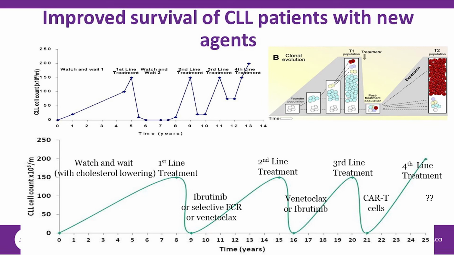Same goes for third-line treatment, which one didn't really have in 2014. Maybe CAR T-cell therapy might be another arm. You can see that the time frame is the same, but now you can add up potentially an additional 10 years onto the expected course of a CLL patient. And CLL is usually diagnosed when a patient's in his 60s, if you can get 25 years out of that, you're in your mid-80s, and the truth is you can't ask for much more than that.